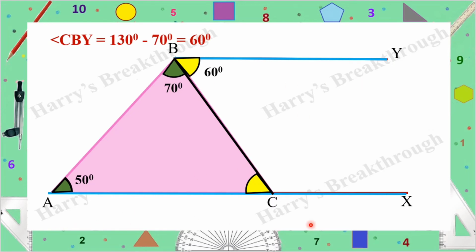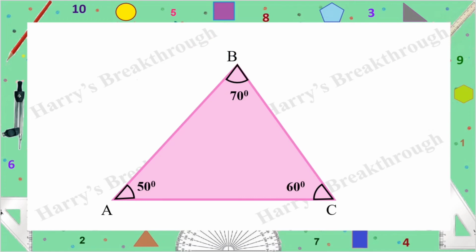Here BY and AX are parallel lines, cut by a third line BC, and these yellow angles are at opposite positions. So they are alternate angles. Alternate angles are equal. So here CBY is 60 degrees, then angle ACB is also equal to 60 degrees. So here we got the measure of all three angles.